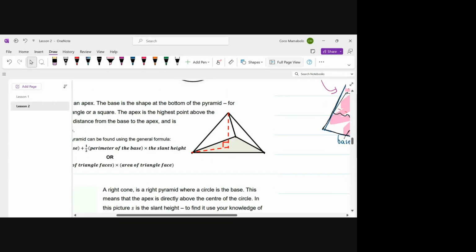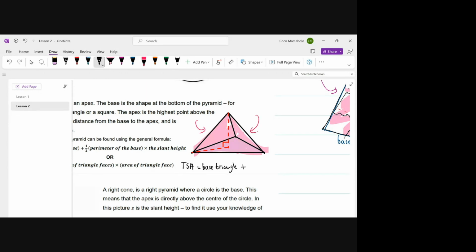Okay, what do we note? We note here that our base shape, the base shape at the bottom, is going to be a triangle, right? So if I want to calculate the total surface area, I need to calculate the area of the base triangle plus the 3 triangles that it touches. So the triangle right in front of us, the triangle on this side, and the triangle on that side.